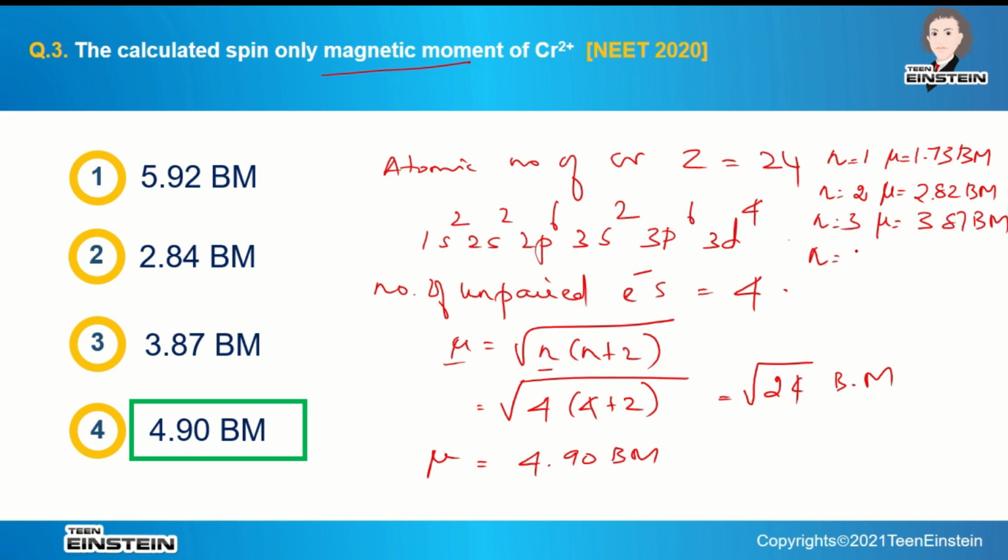So the number of unpaired electrons is 4, the magnetic moment is 4.89 Bohr magneton. For n equal to 5, the mu value is 5.91 Bohr magneton. So the correct answer for chromium 2 plus is option 4.